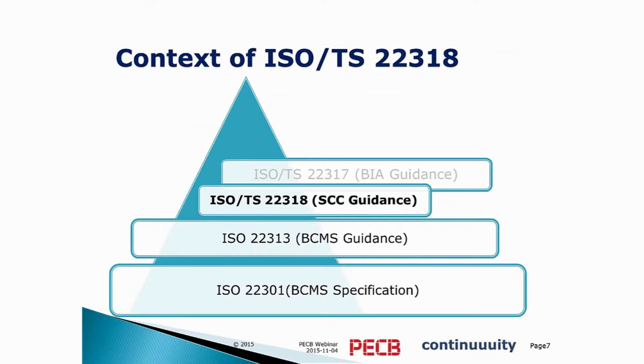It was published in May 2012, together with a guidance document 22313, which explains how a business continuity management system might be implemented, where the specification tells us what exactly are the minimum requirements.